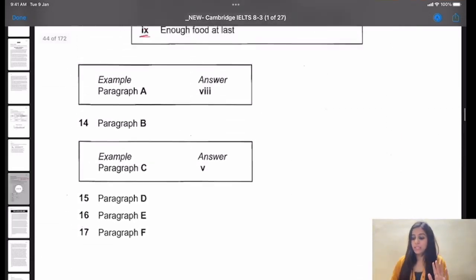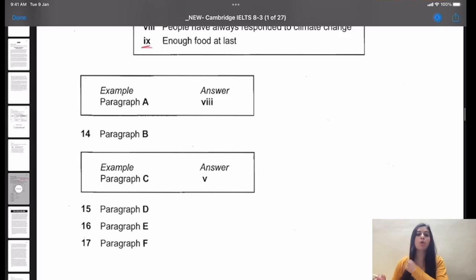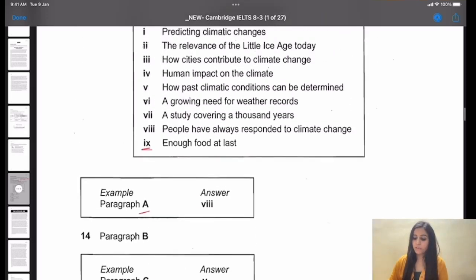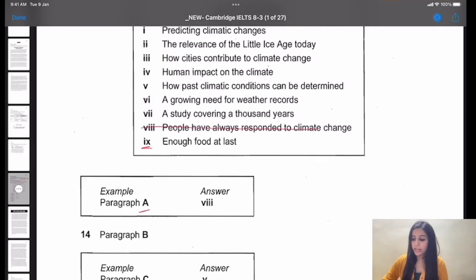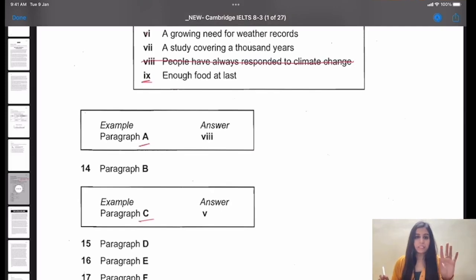Once we are done with the title, we go back and eliminate the headings which are already given as the answers to certain paragraphs. So they have already solved paragraph A and paragraph C in this case. The answer to paragraph A is the 8th one. So we strike it off. We don't have to waste our time here. And for paragraph C, it's the 5th one.